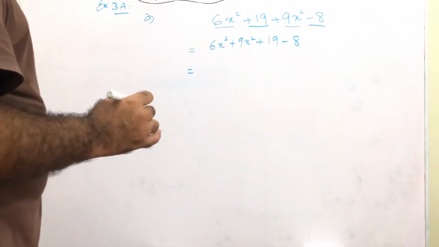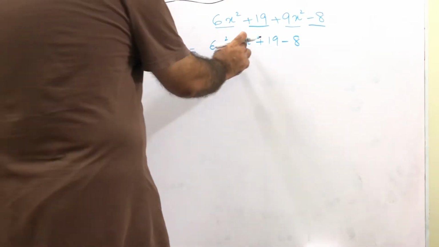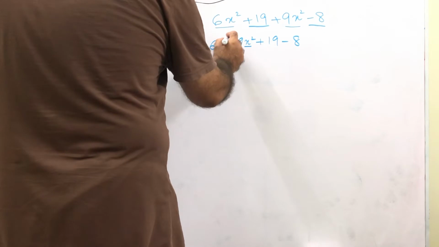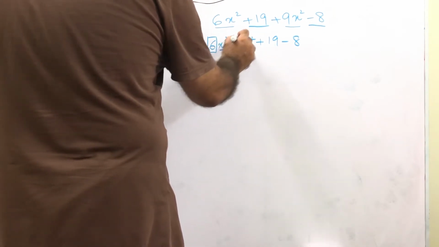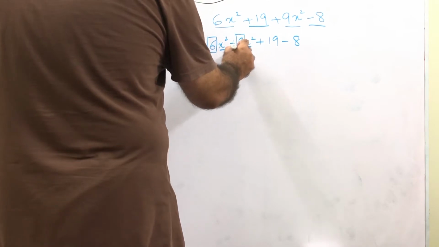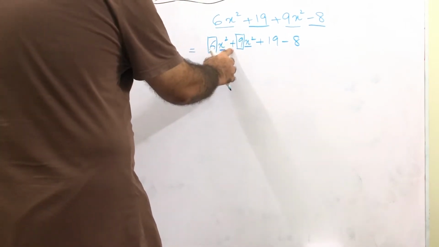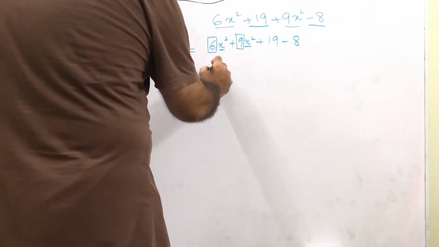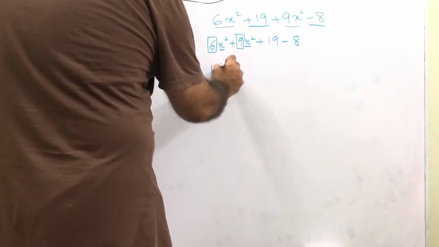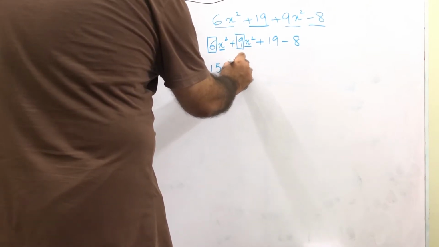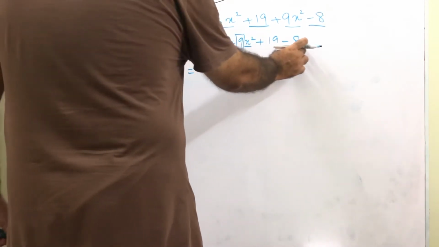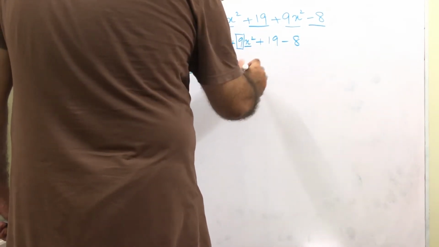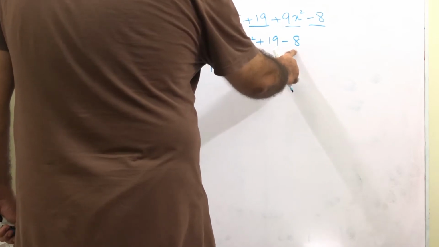Now we know that the variables with the same powers, their coefficient, this is called coefficient, these will be added because it is a plus sign. So 6 plus 9 becomes 15x square. Here it is plus 19 minus 8. So 19 minus 8 becomes 11.